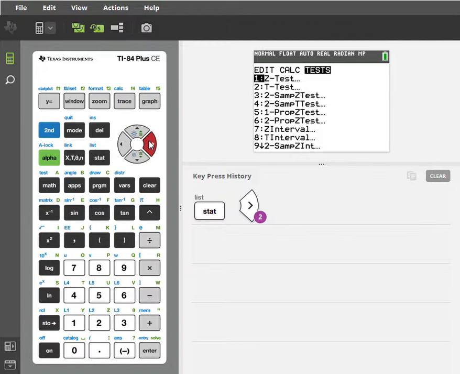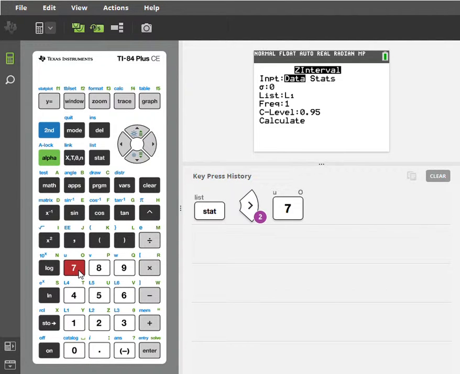And if you look down your list of options, number 7 is a Z interval. That is a confidence interval using a normal distribution, which is what we use when we are finding a confidence interval for a population mean where the population standard deviation is known. So go ahead down to that.